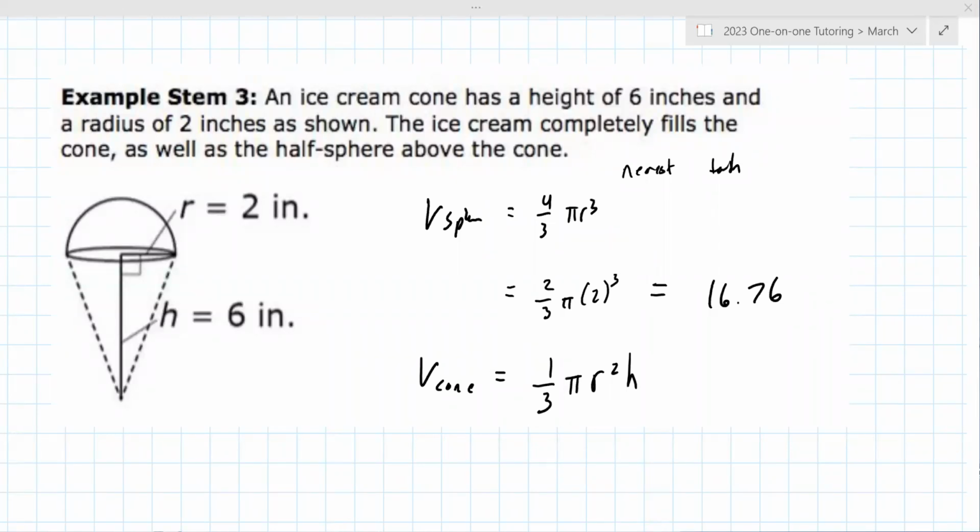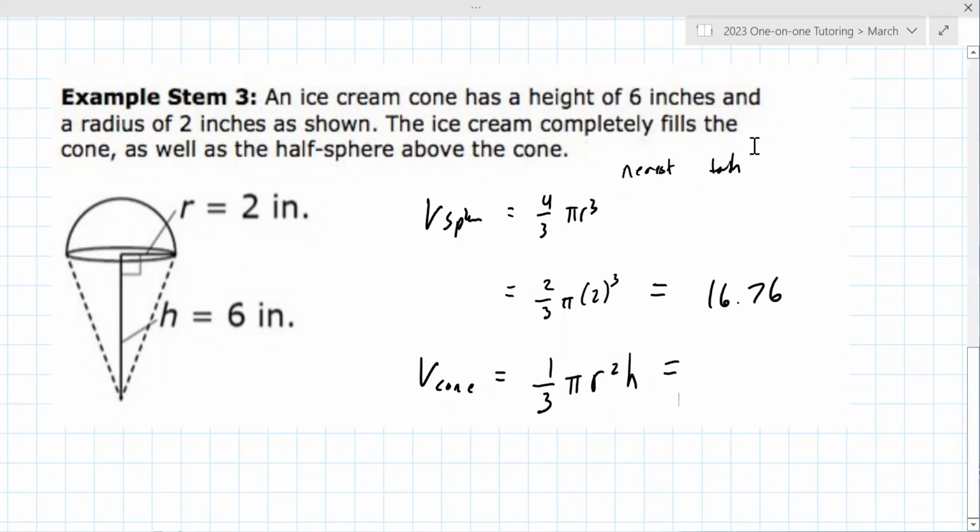16 inches cubed. So tell me what you did again. Oh, 8 times... Hold on, why times 8? Where does the 8 come from? Radius cubed. It's not cubed though, it's squared. Oh, okay.